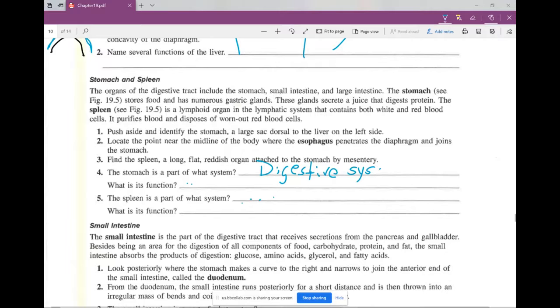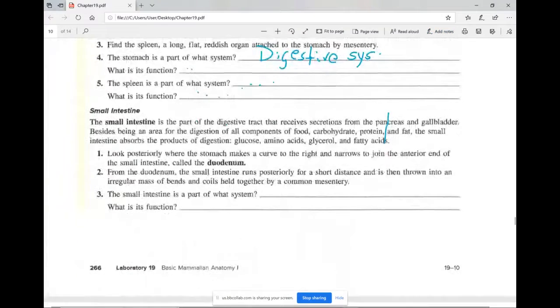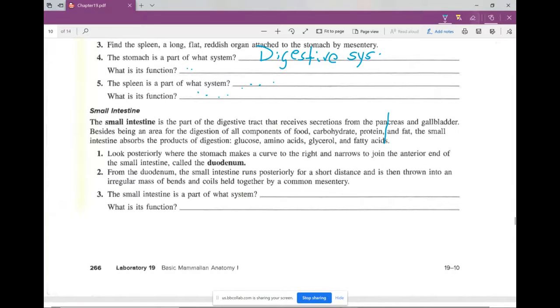I also gave you the answer to that, and I gave you the functions, so you guys can refer to the PowerPoint, right? And fill that out. The small intestine is part of what system? You know that. Okay, you know the answer to that, so fill it in. What is its function? I also gave you the answer to that.